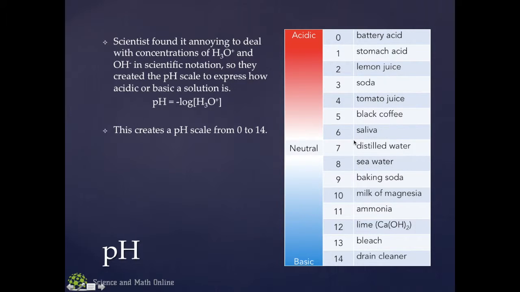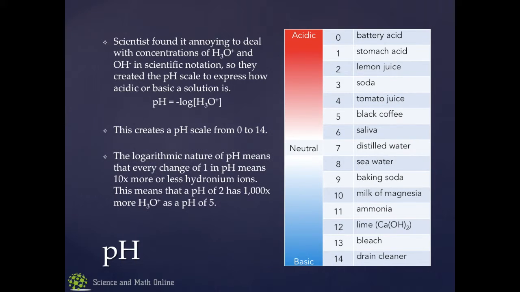Now, one of the important things to understand about this is that it's a logarithmic scale. It is based on logs. You don't have to go back and remember how logs work. You just need to know how to use the log button on your calculator. But what a log means for the scale: this is log base 10, if you remember back from your algebra days. And because it is base 10, every time I change a number, I'm changing by 10.